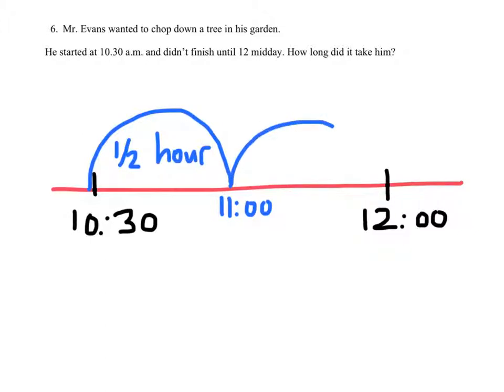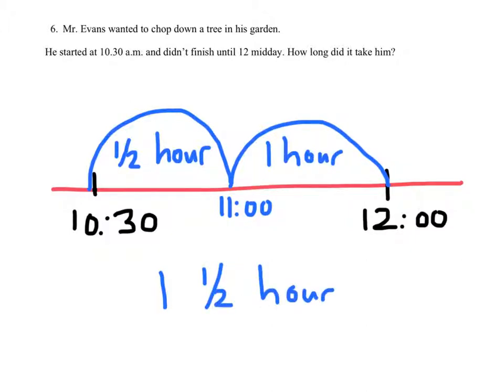From 11 o'clock until 12 o'clock is 1 whole hour. So we can see it took half an hour, then an hour. So that's 1.5 hours, or 1 hour and 30 minutes.